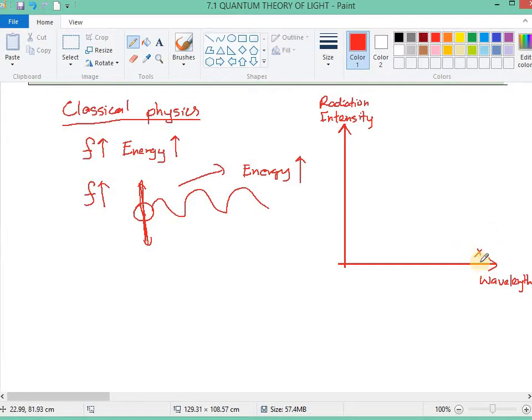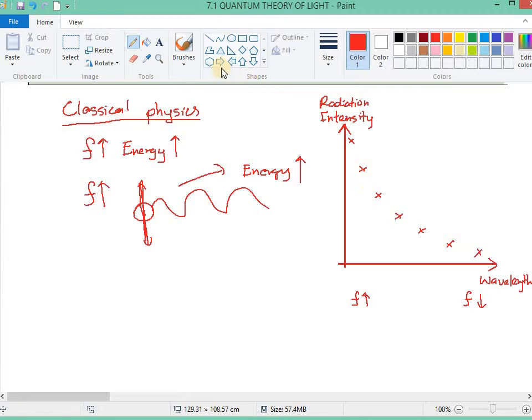And as the wavelength gets shorter, the frequency increases. If the wavelength is long, the frequency is low. If the wavelength is short, the frequency will be higher. So by right, it should be like this: as the frequency gets higher and higher, the intensity of the radiation should increase higher and higher.